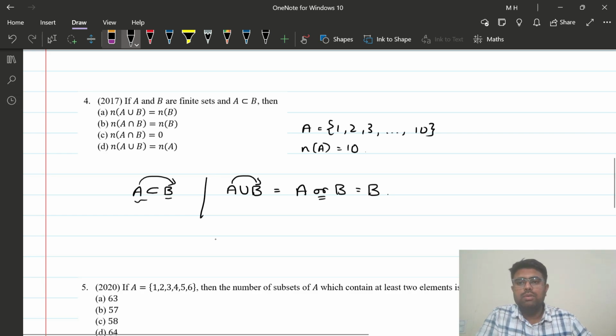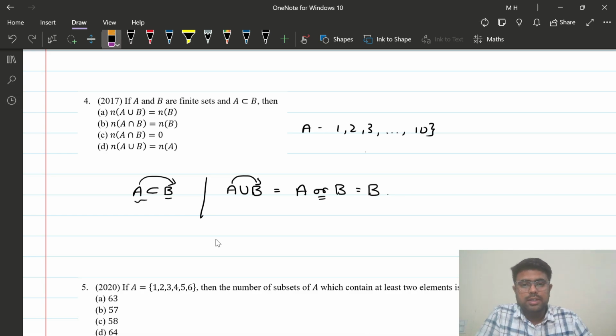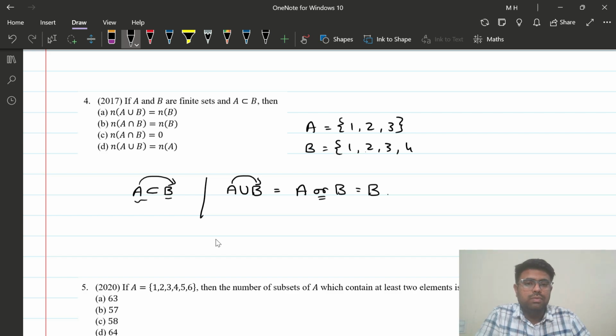If you are not getting what I'm saying, I'll just take an example. This is a bigger set, so let's say A is equal to 1, 2, 3, and let's say B is equal to 1, 2, 3, 4, 5. So what is going to be A union B?